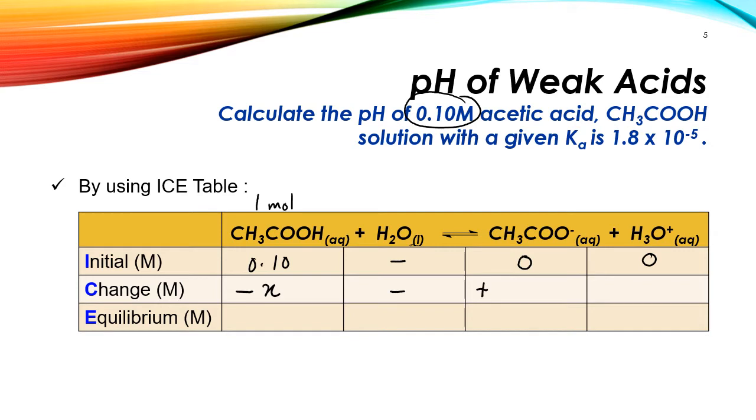Same as the acetic acid dissociated, the amount of product formed is unknown, so we can use X as an assumed value. As well as the H3O+, they are also increased in concentration with plus X.